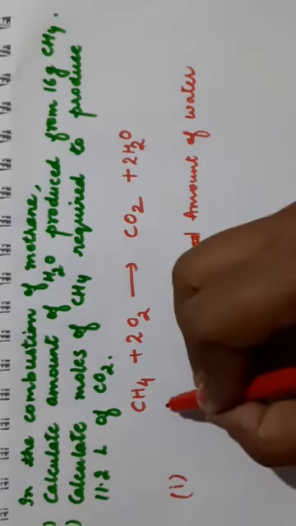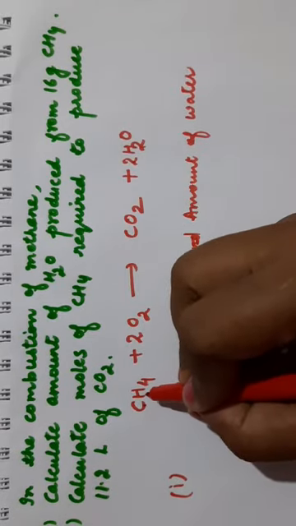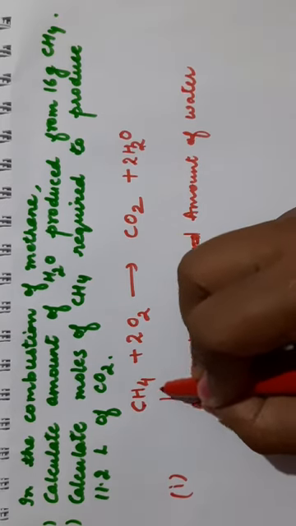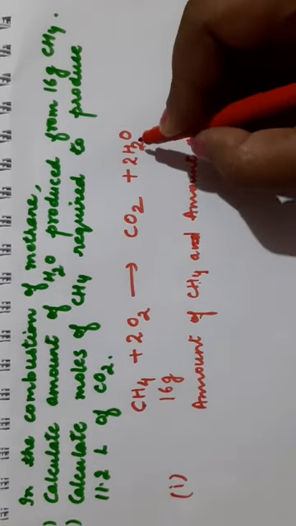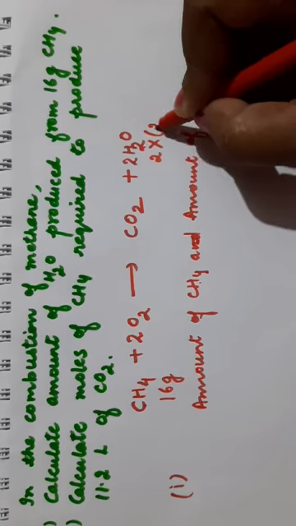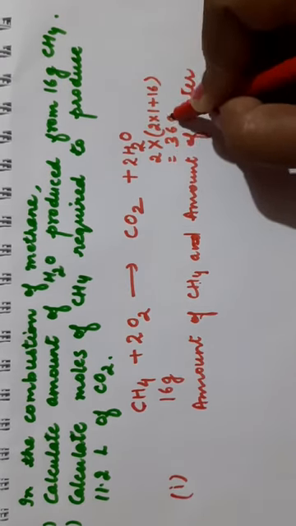So we will write the mass here. See, according to the balanced equation, carbon is 12, hydrogen is 1. So the mass of methane will be 16 gram. Clear? Mass of water will be equal to 2 into (1 plus 1 plus 16), that is equal to 36 gram.